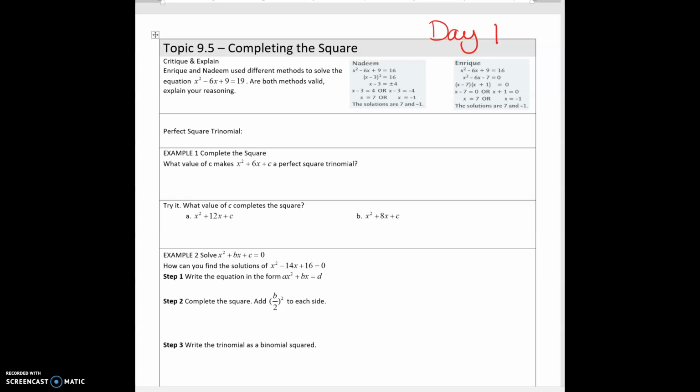A perfect square trinomial is the next thing we're going to look at, and that is just a trinomial that, if you take a binomial, so like x plus 2, and you times it by itself, so square it.